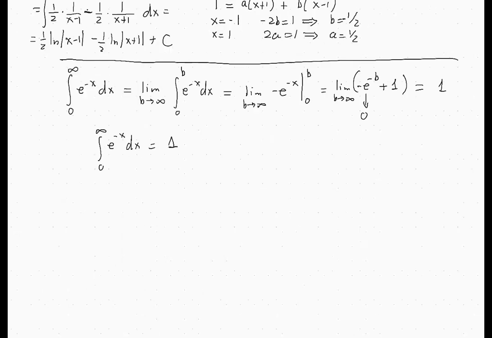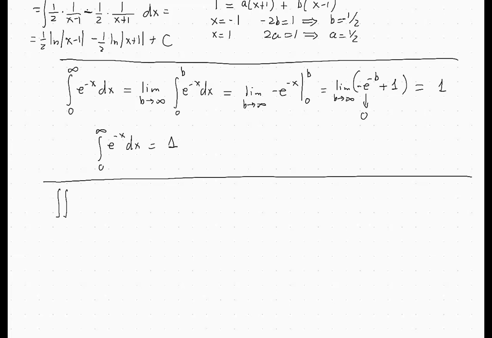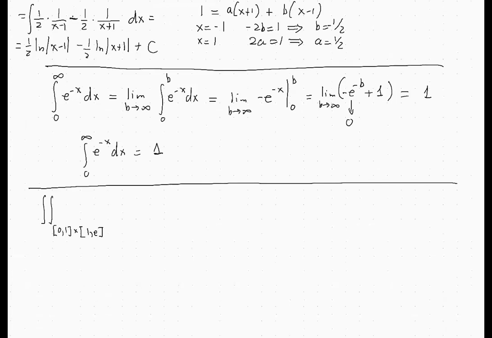So the first thing that we would like to do is the double integral over [0,1] cross [1,e]. So this is the rectangle, let's show what this is. On the x-axis, it consists of 0, 1.